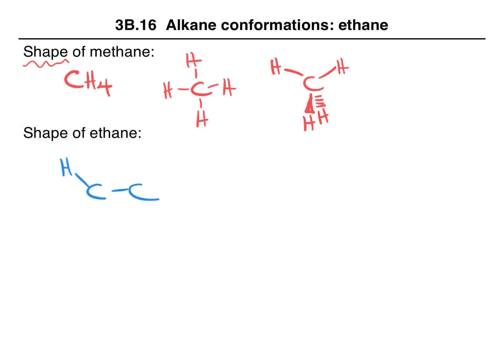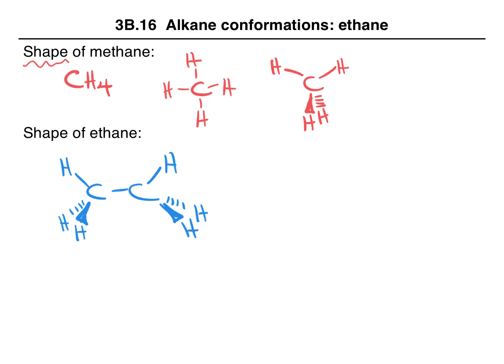Let's put a hydrogen in the plane and a hydrogen in the plane. So one hydrogen forward, one hydrogen going back, and over here, one hydrogen forward, one hydrogen going back. So each of these is tetrahedral, and so that's what I tried to draw, a tetrahedral arrangement around this carbon and a tetrahedral arrangement around this carbon.